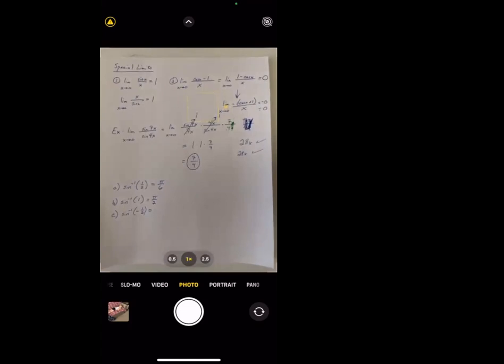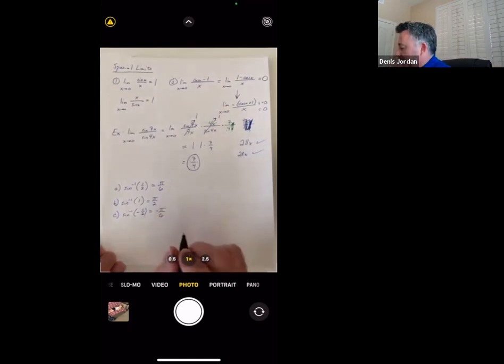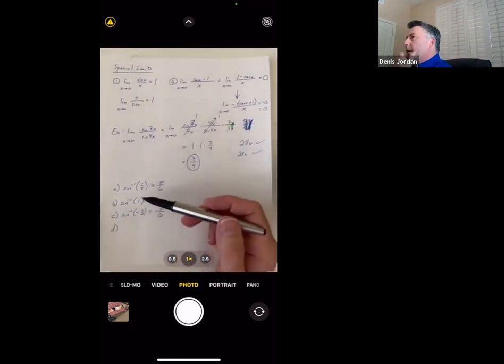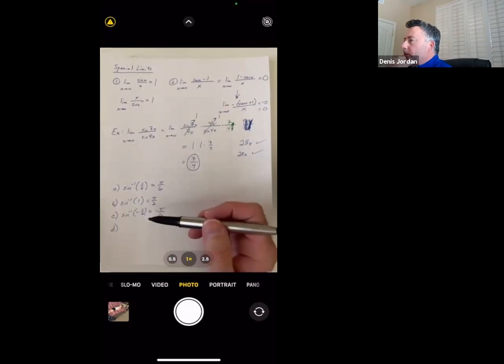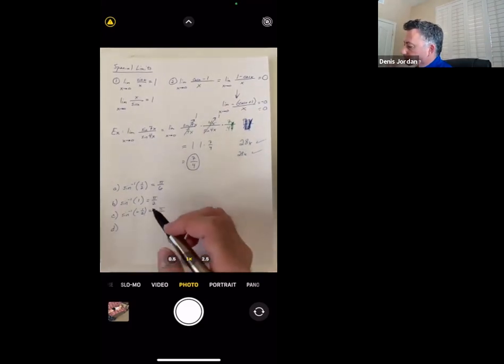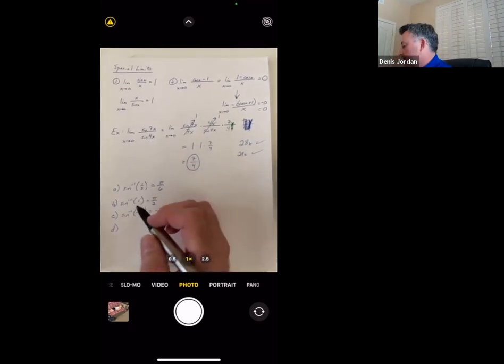Negative pi over 6. Okay, so you've got to know your inverse trig functions and how to evaluate them. So inverse sine, inverse cosine, inverse tangent.